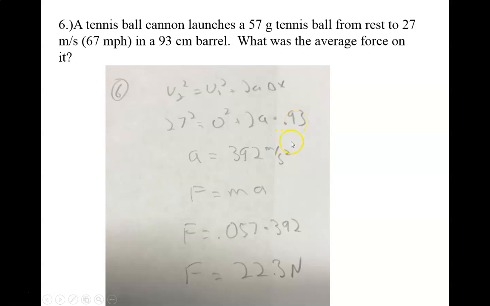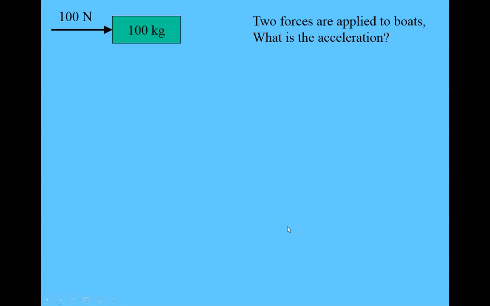So we get the acceleration is 392 meters per second squared. So that's pretty many meters per second squared. Once we know that, then we can plug it into F equals ma, and we get 22.3.